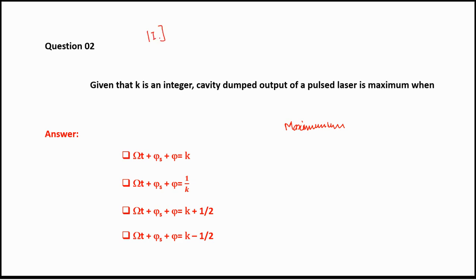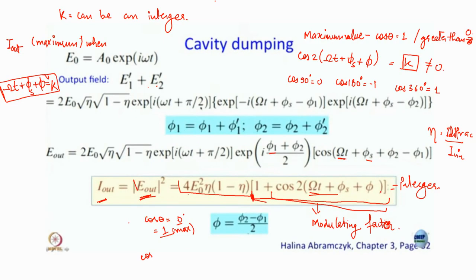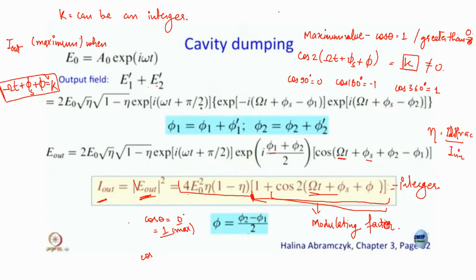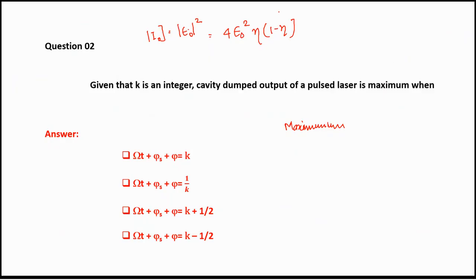Thus, for maxima, first of all, the relation is the intensity I equals E naught square, equals 4 E naught square eta 1 minus eta, times 1 plus cos 2 omega t plus phi s plus phi.